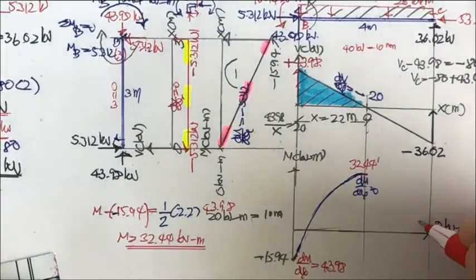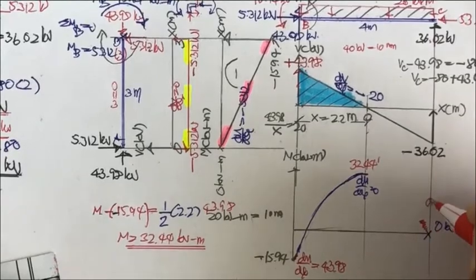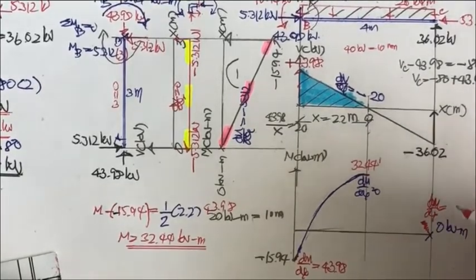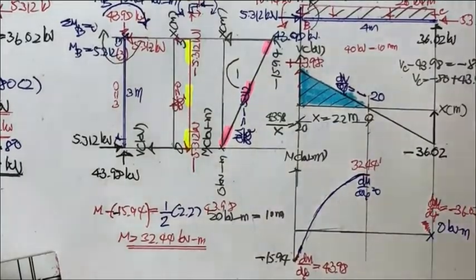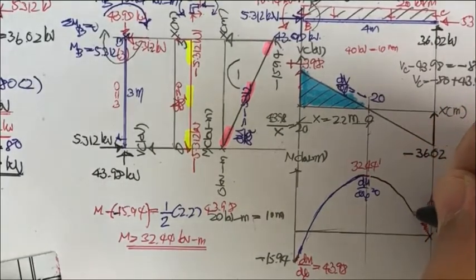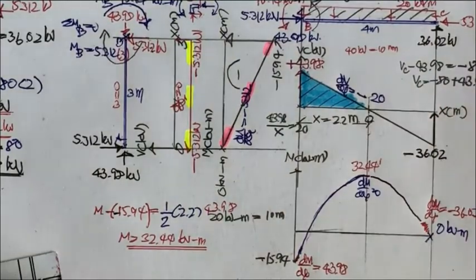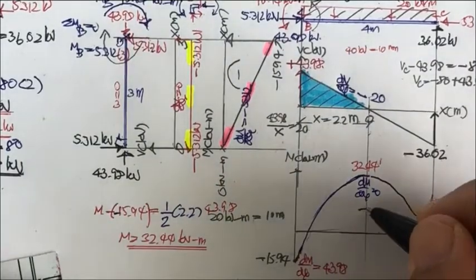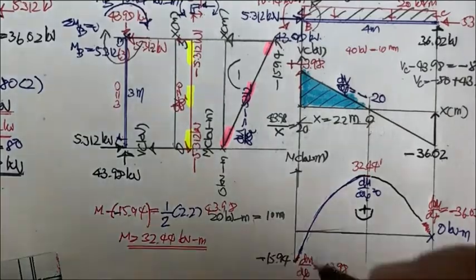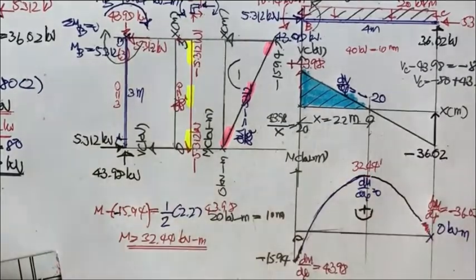And the slope here is going to be what? The dm by dx is going to equal minus 36.02. Okay, and then you have this one like this. You can check. This is going to be plus, and this one is going to be minus.